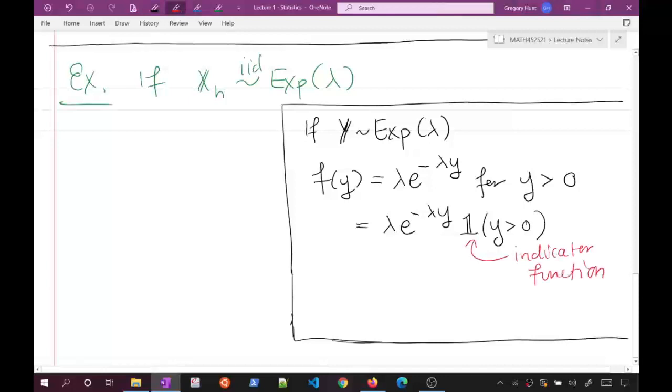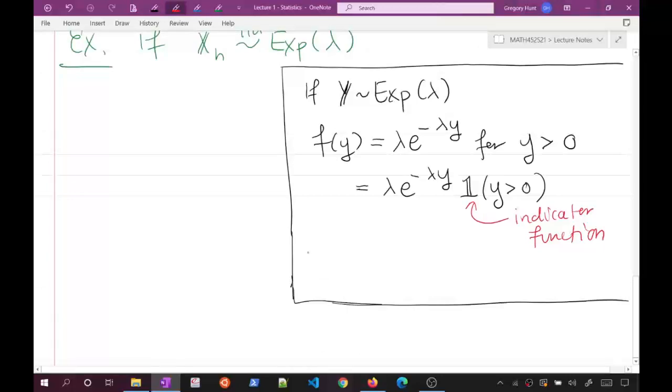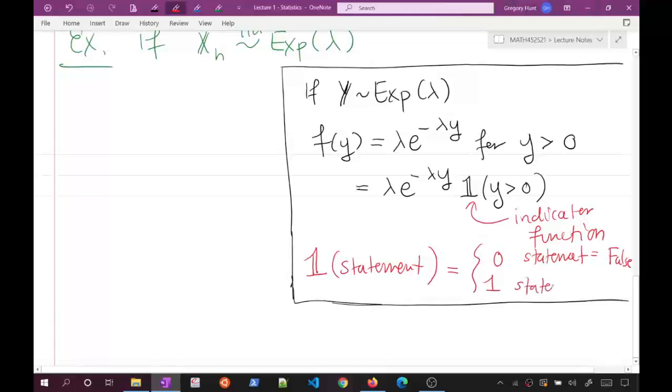And an indicator function, which I'm going to denote by 1 of some statement, is 0 if the statement is false, and 1 if the statement is true.